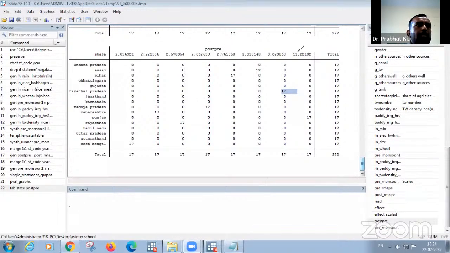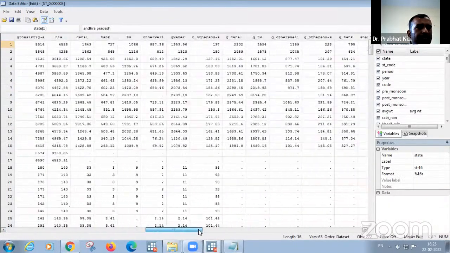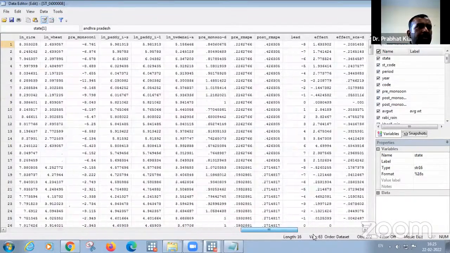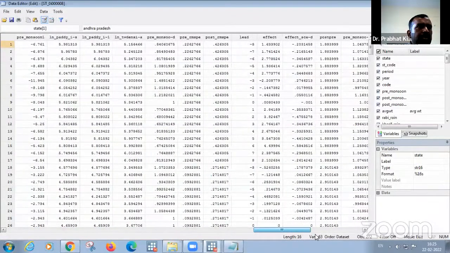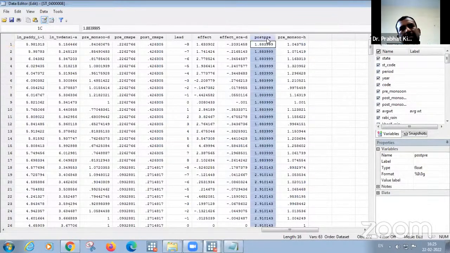And here, if you are seeing the data, for the data optimization it estimates the prediction area, then estimates the effect. Now, what you were asking about the post and pre ratio.